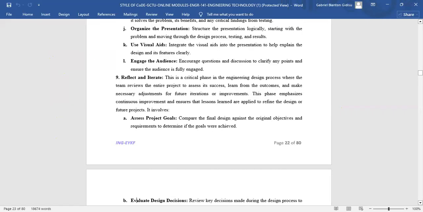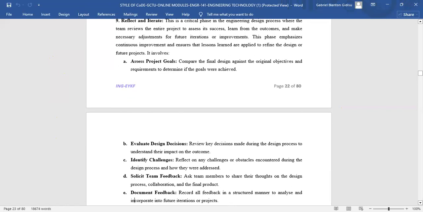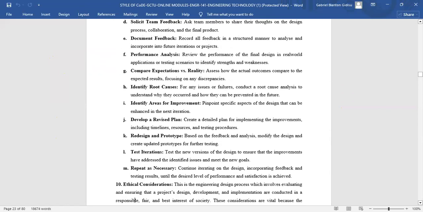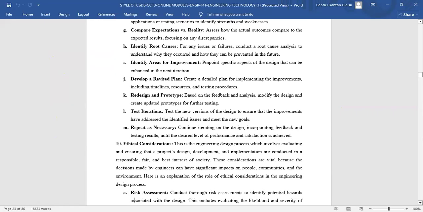So assess project goals. Compare the final design against the original objectives and requirements to determine if the goals were achieved. So you look at all these things under that heading. Then ethical considerations.